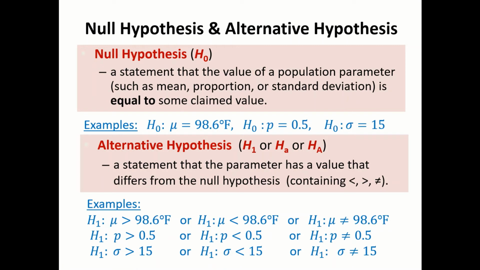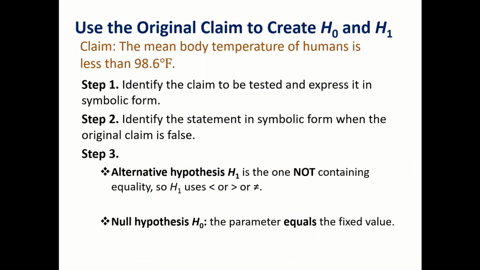However, when we're doing a hypothesis test, we will only have one pair of null hypothesis and alternative hypothesis. So since we have three possible alternative hypotheses, which one should we pick, right? So here is how. For example, say we're given this statement.